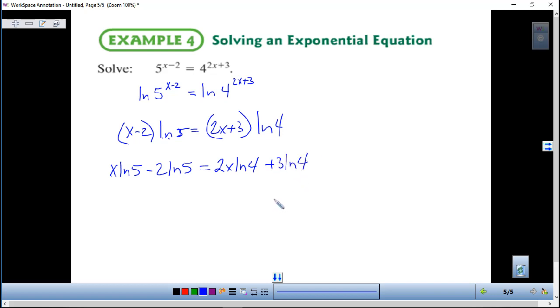Now, what you want to do is you want to get your x terms together and get everything else on the other side. So I'm going to move this one over there, and I'm going to move that one over here. So I'm going to add 2 natural logs of 5, and I'm going to subtract 2x natural logs of 4 from both sides.